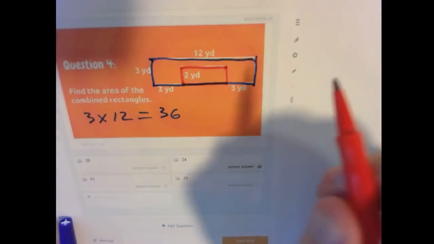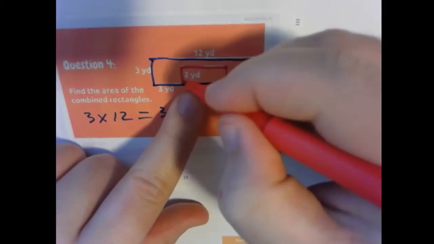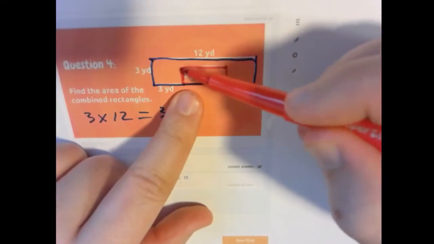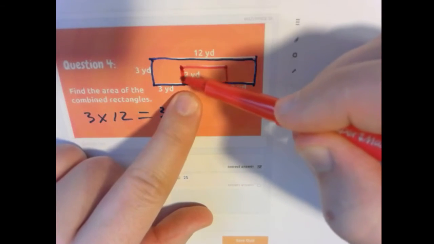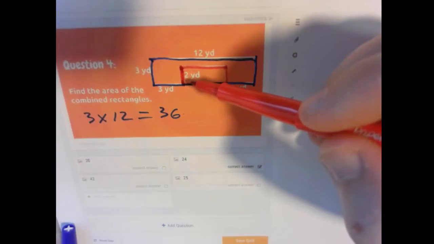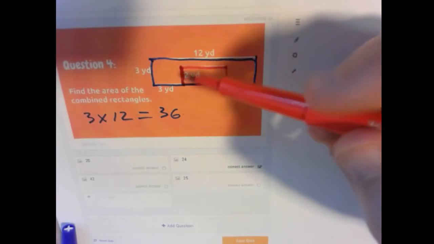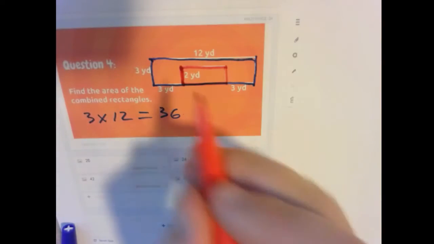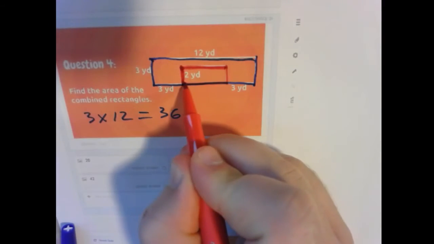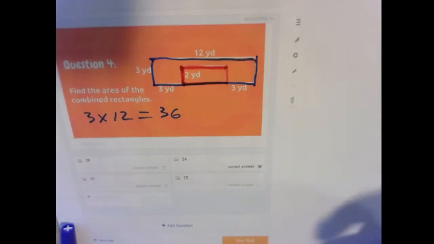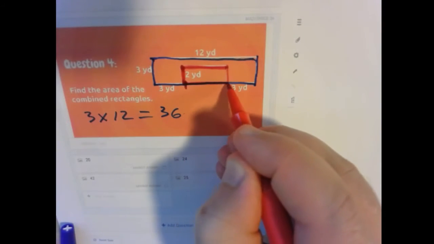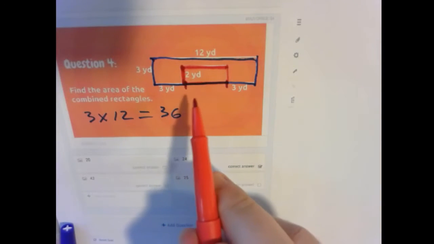Okay, so part of this is easy. So the height of this red rectangle from here down to here is 2. We need to find this dimension or even this dimension, okay? And how could we find from here to here, this missing chunk?